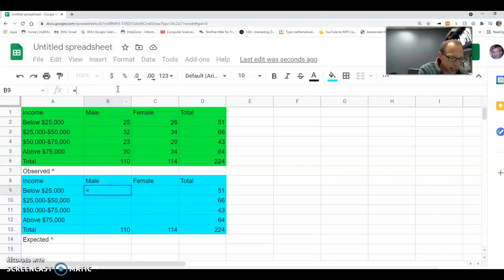So one way I like to think of it is we're taking the portion of all the sample that's male, right? It's 110 out of 224 are male. And then we're going to multiply that by how many have an income of below 25,000. So if there really is no relationship between the two, we'd expect about this many.